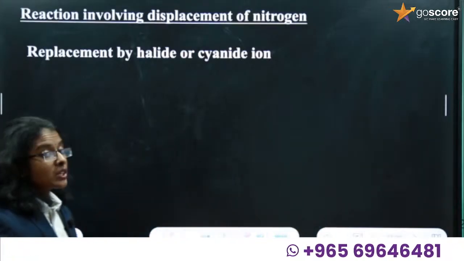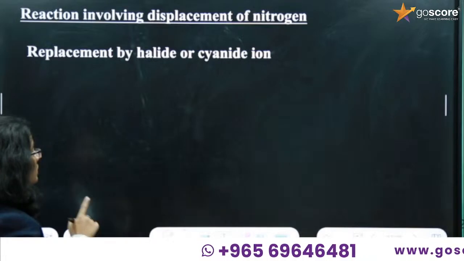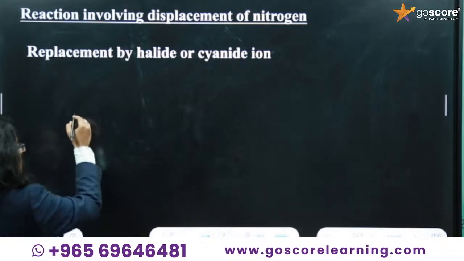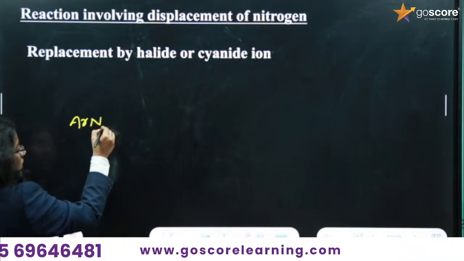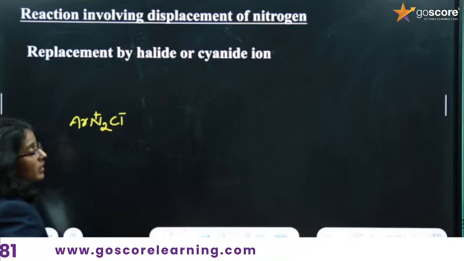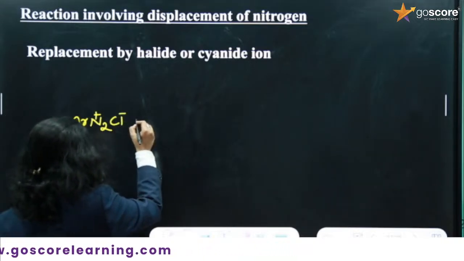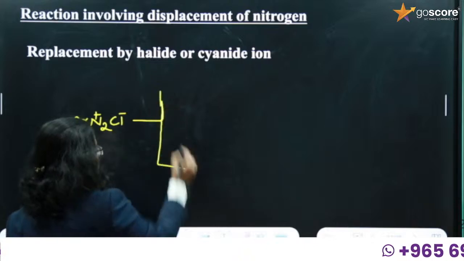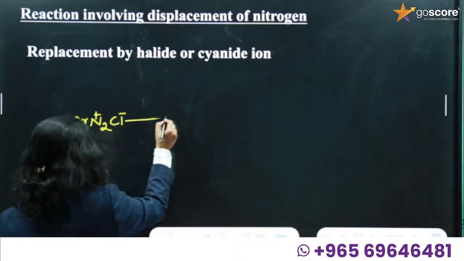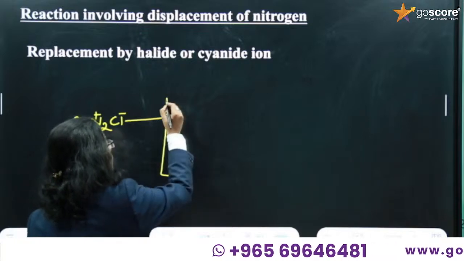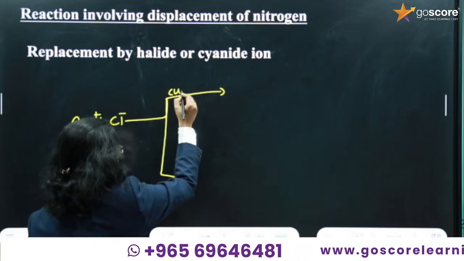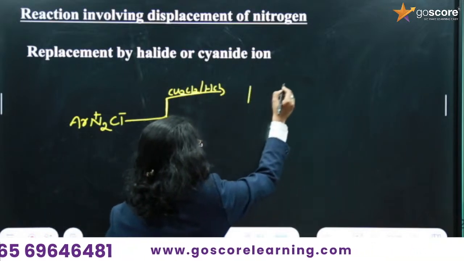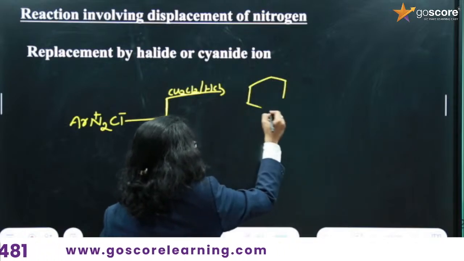The first one is the replacement of nitrogen by halide ion or cyanide ion. See, this is aryl diazonium salt or benzene diazonium salt. This on reacting with cuprous chloride, that is Cu2Cl2 in presence of HCl, you will get chlorobenzene.